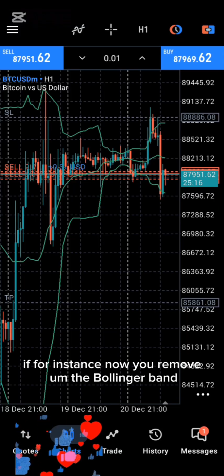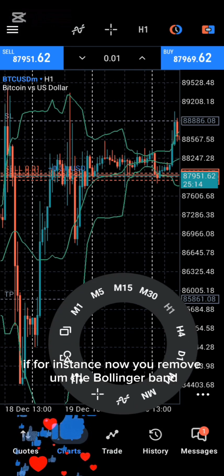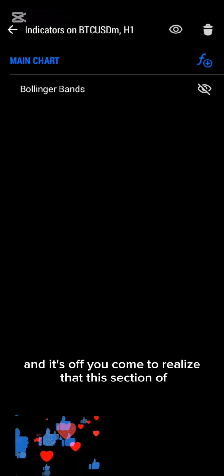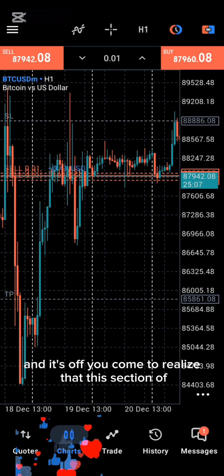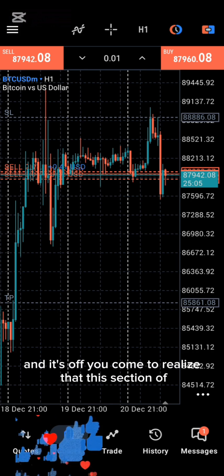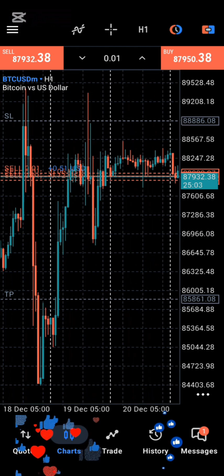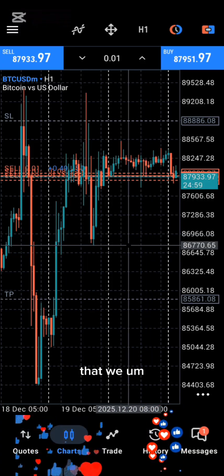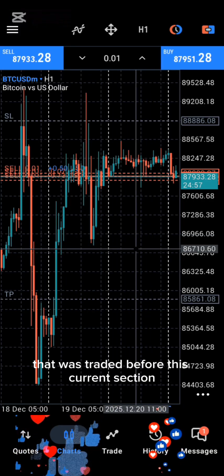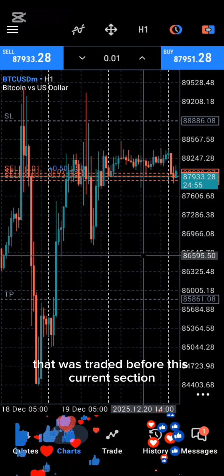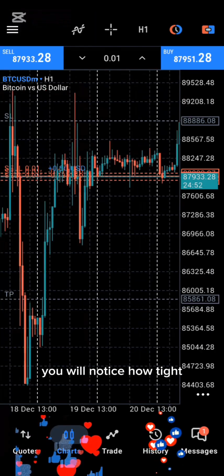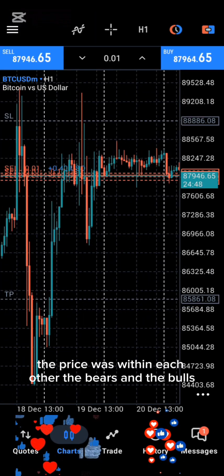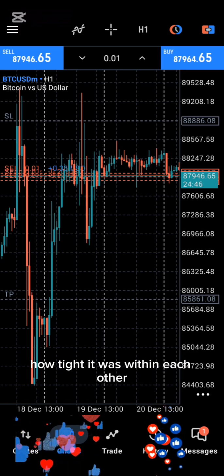If for instance you remove the Bollinger Bands from your chart, or you just click on that eye and it's off, you come to realize that this section of the chart that was traded before this current section, you will notice how tight the price was within each other, the bears and the bulls, how tight it was within each other.